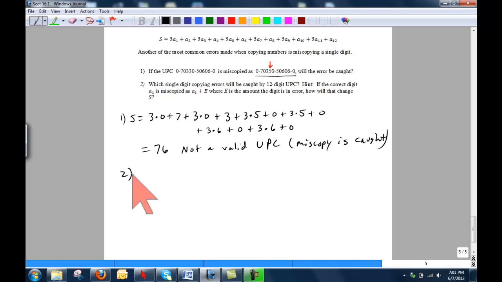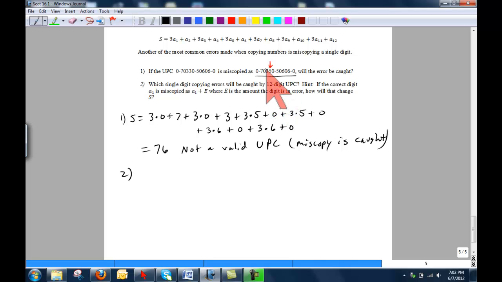Let's answer the second question. Which single-digit copy errors will be caught by the 12-digit UPC? So in the last example, we talked about when a transposition, when switching 2 digits, would be caught in ISBN 13. Here, let's ask ourselves which copy errors will be caught by UPC 12.